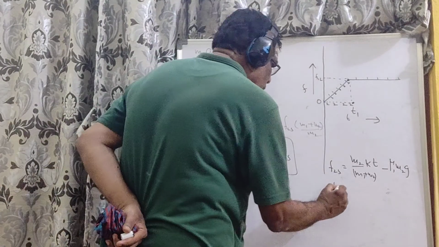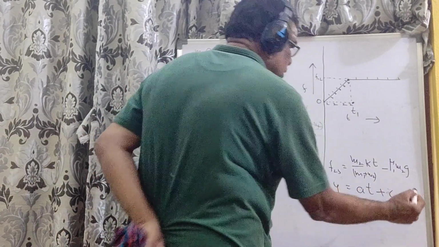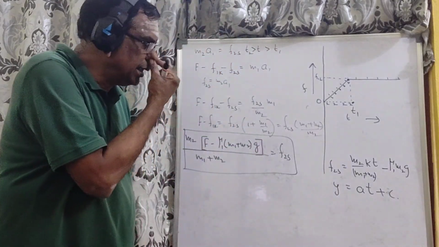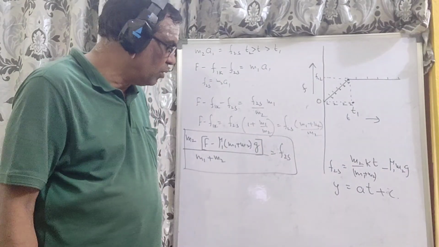This is in the form Y is equal to AX plus C. There is a negative intercept which is equal to minus number 1.